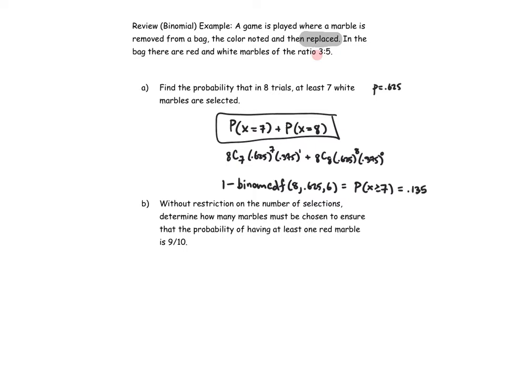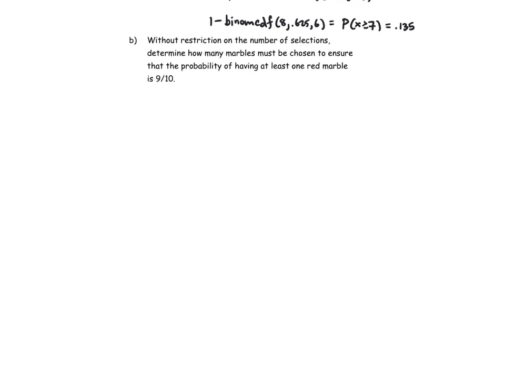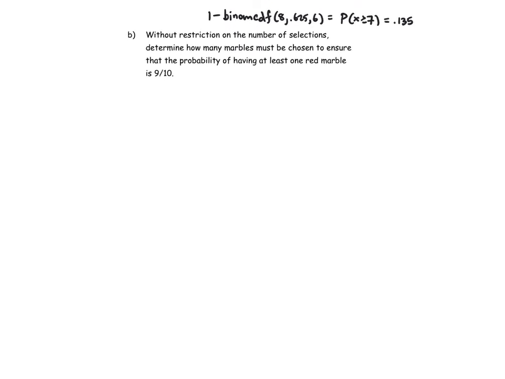All right, let's look at part B. Without restriction on the number of selections, determine how many marbles must be chosen to ensure that the probability of having at least one red marble is 9/10. So this is an interesting problem, but they give you enough of a hint that it's doable. So let's think about this for example. Probability of having at least one red marble.